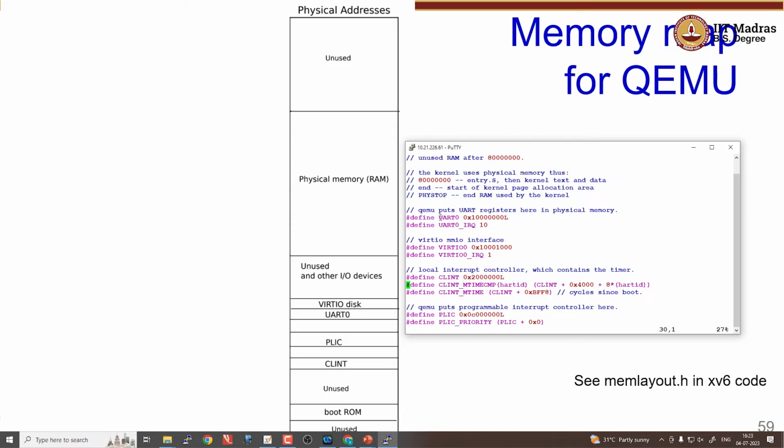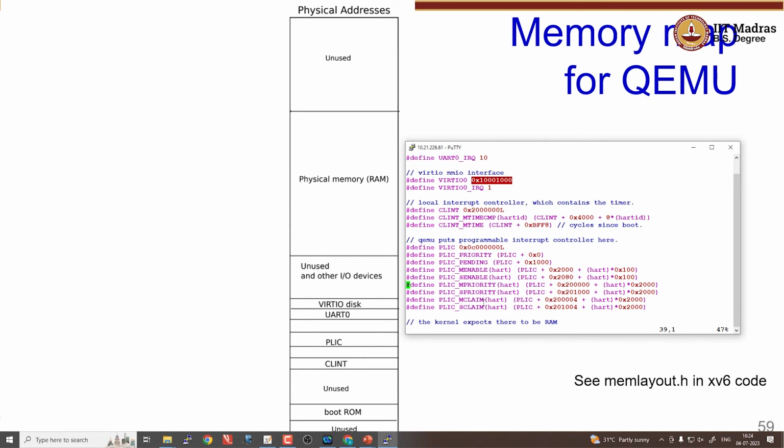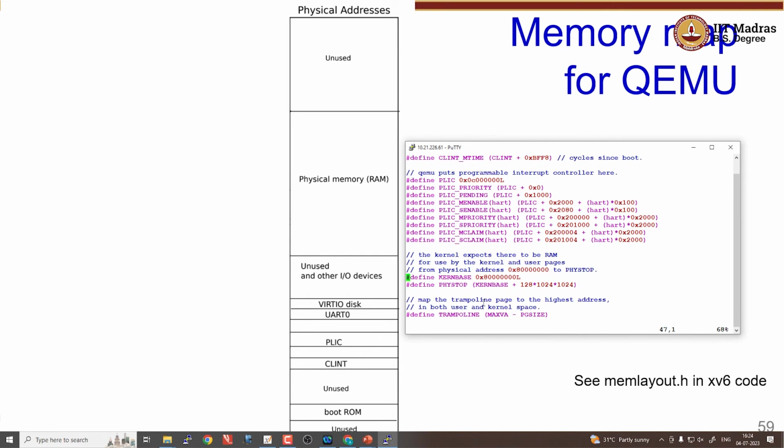For example, I have a hash define UART 0, which states that my UART starts at the location 10 followed by 6 zeros. Similarly, I have this virt IO 0 which starts at the address 0x100. And clint, plic, almost all the devices that we want over here are present.